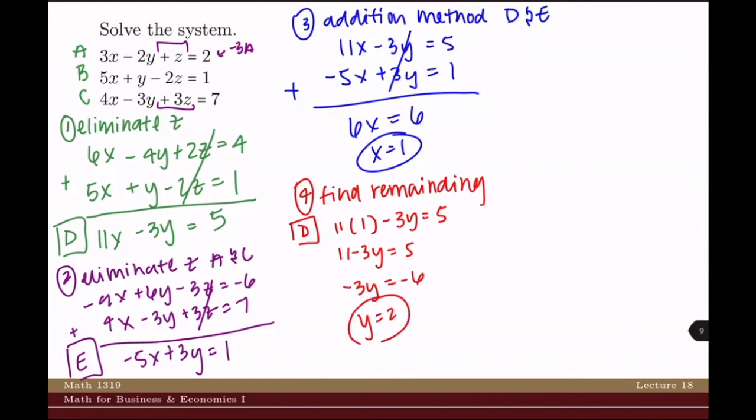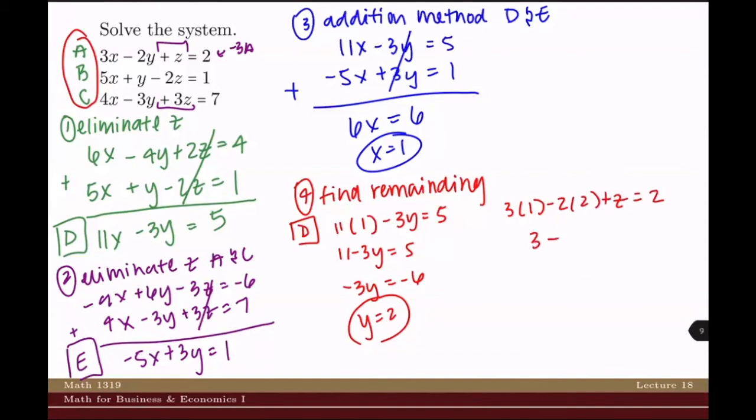And then lastly, I need to find z. So I can plug in my x and y to any one of my original 3 equations, A, B, or C. I'm going to choose equation A. So that means I have 3 times 1 minus 2 times 2 plus z equals 2.